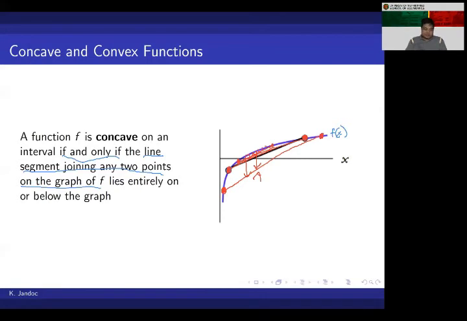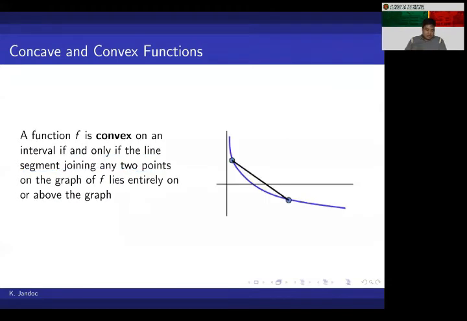If all those lines lie below the graph or on the graph, then this function is concave. The way I would think of it also is that if it looks like a cave, then it's concave. But that's just a tongue-in-cheek description of a concave function.